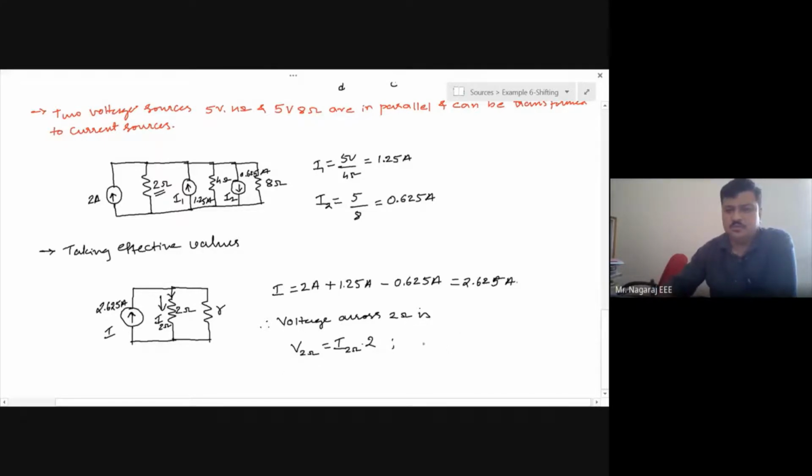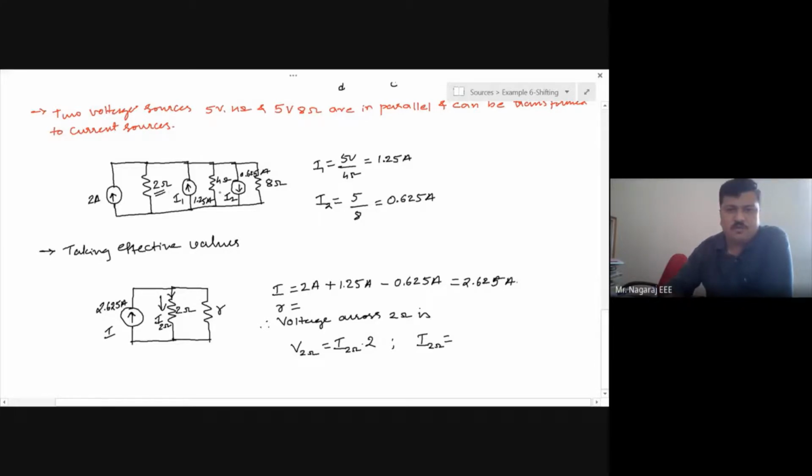But what is I2 ohms? It is the branch current. Apply the branch current formula. And what is R? Sorry, we forgot to calculate R. R is equal to 2 ohm kept as it is.